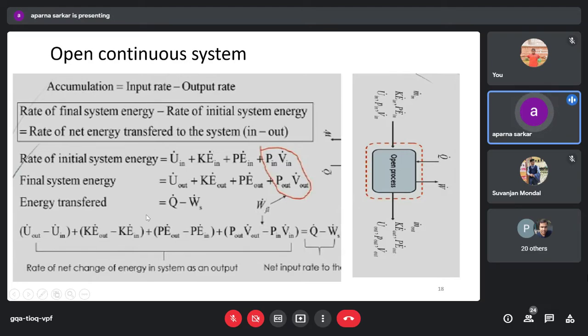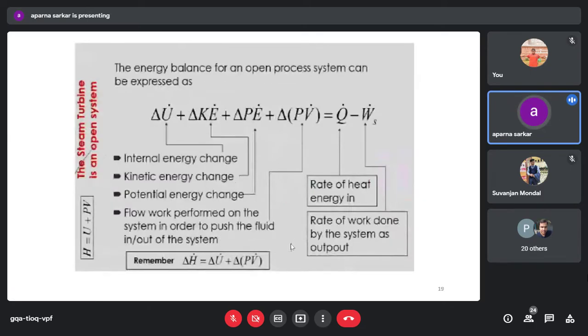So energy transferred is Q minus W, that is the accumulation part. So the final equation, after arrangement, looks like this: del U plus del KE plus del PE plus del PV is equal to Q minus W_S. Okay. Q is the rate of heat energy in, and W_S is the rate of work done by the system as output.